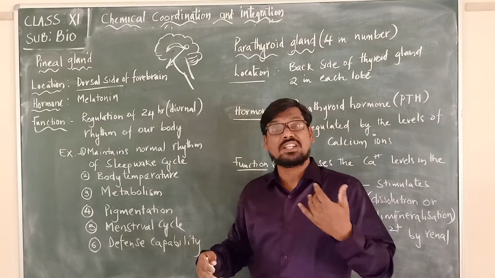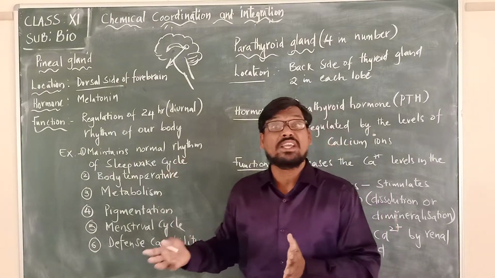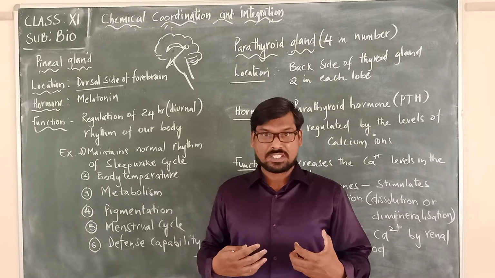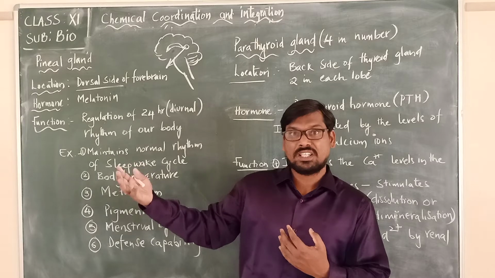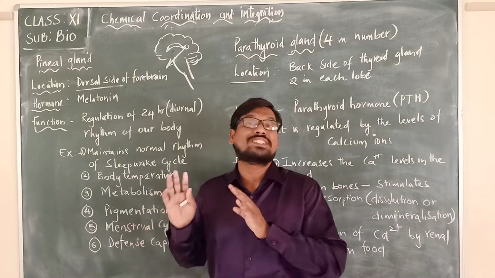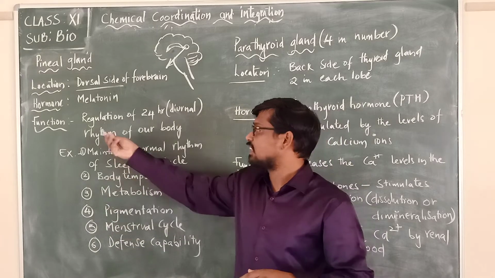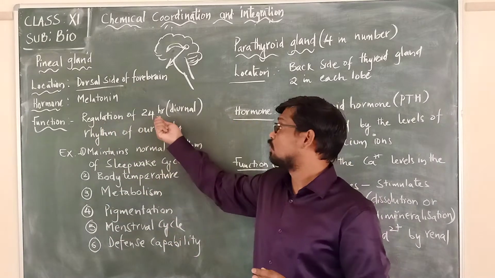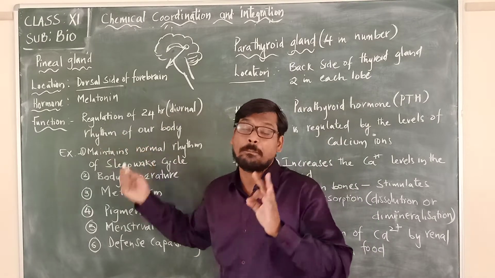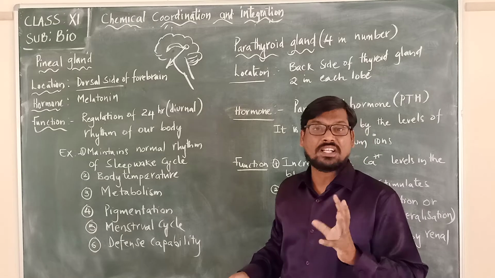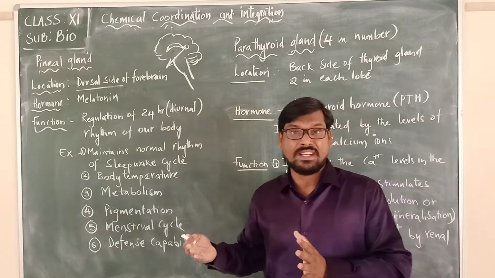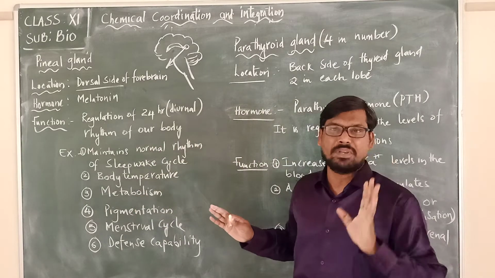In the same way, it is produced in more quantity during the daytime and keeps us awake, but during the evening the amount slowly decreases and it leads to sleep. That's why we call this regulation of the 24-hour cycle, the rhythm of our body, the biological cycle, daytime and nighttime. This is the simple meaning.